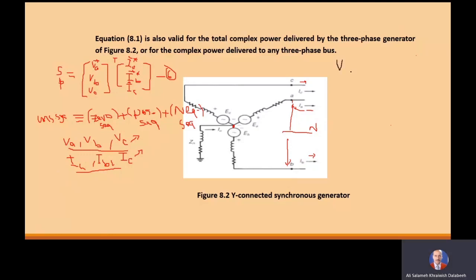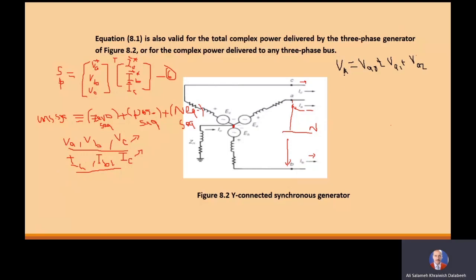Voltage of phase A is equal to VA0, the zero sequence component, plus VA1, the positive sequence component, plus VA2, the negative sequence component.